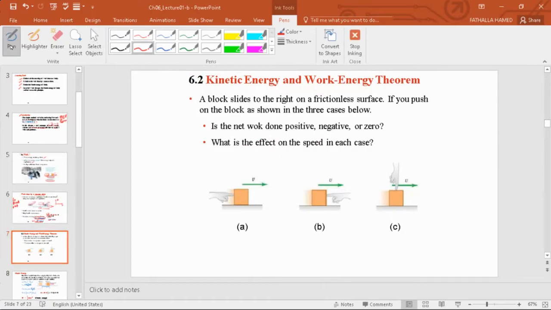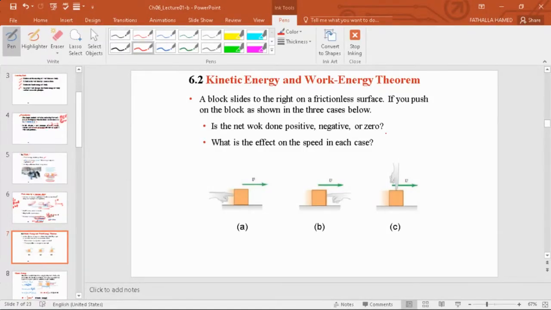So in this slide, a block slides to the right on a frictionless surface, so there is no friction. If you push on the block as shown in the 3 cases below, the first question is: is the net work done positive, negative, or 0? And what is the effect on the speed in each case?